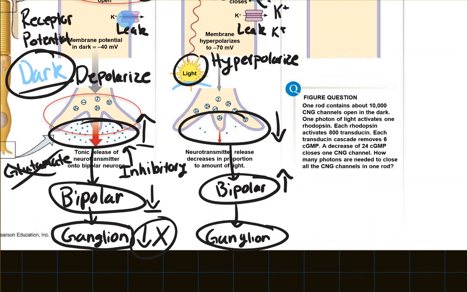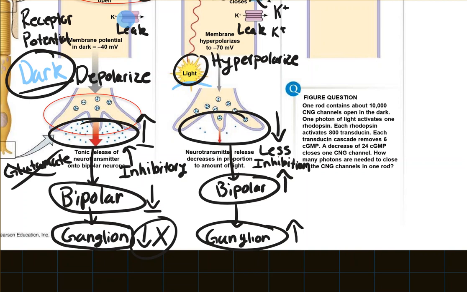So less inhibition will lead to more firing of the bipolar cell. And if the bipolar cell tells the ganglion cell what to do, then we will have more firing of the ganglion cell. So we see that here we turned light into an action potential. So again, less inhibition leads to more firing of the bipolar cell.